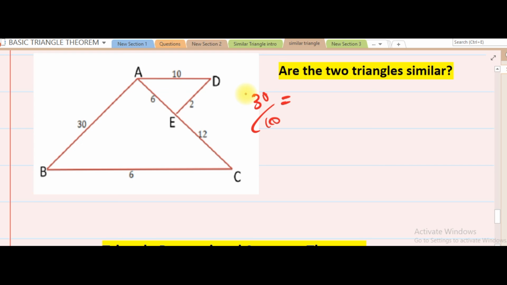All the sides are given in this triangle, so they must correspond. 30 corresponds to 10, the bigger side, which is 6, corresponds to 2, which seems correct, and finally 18 corresponds to 6. They are of the same ratio, each giving us 3. So the answer is yes, they are similar. So we stop here and go over to the next.